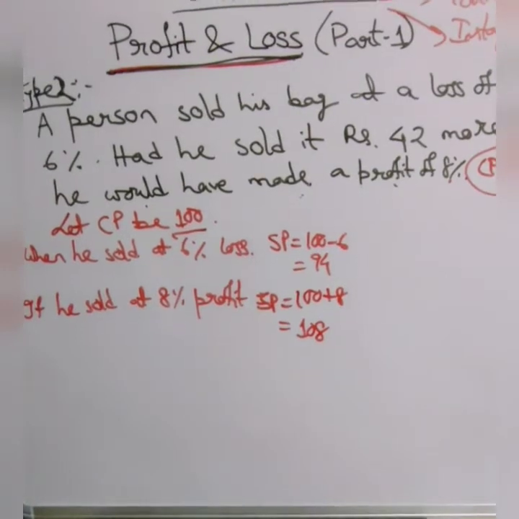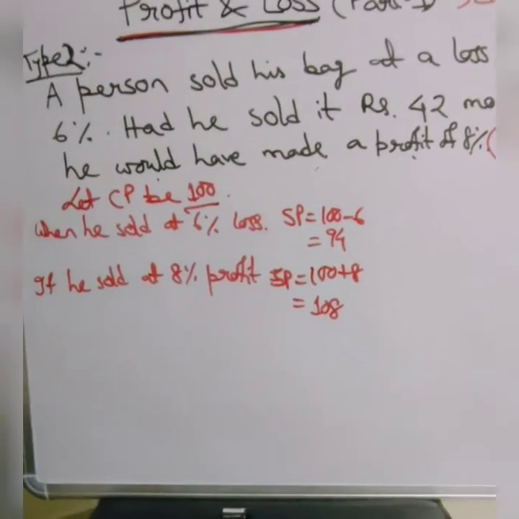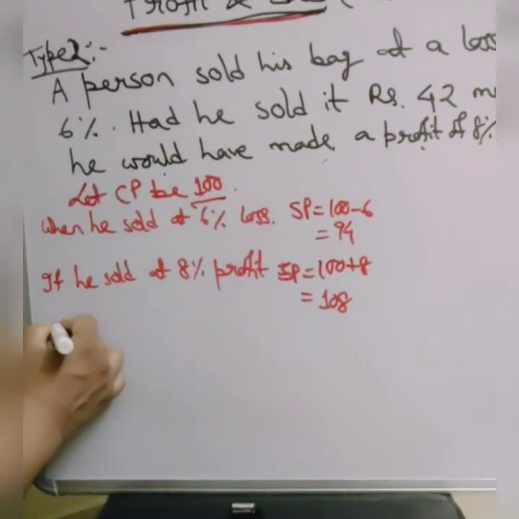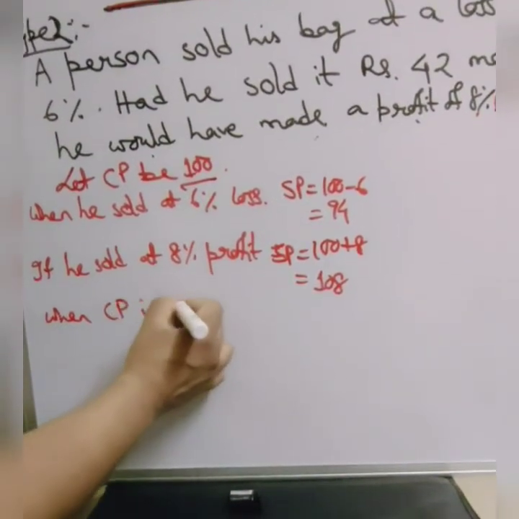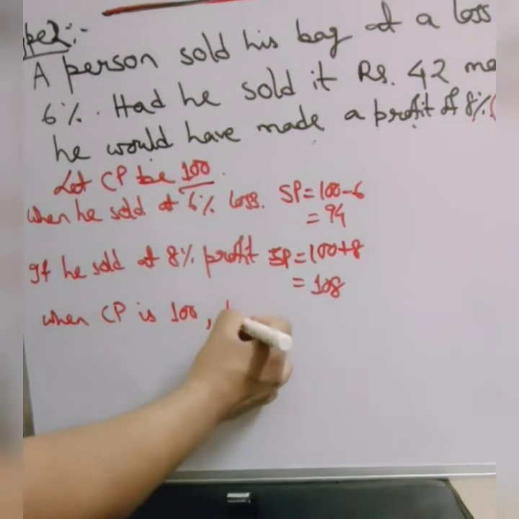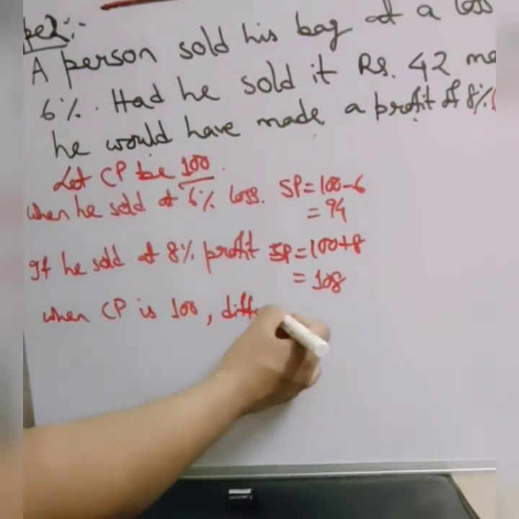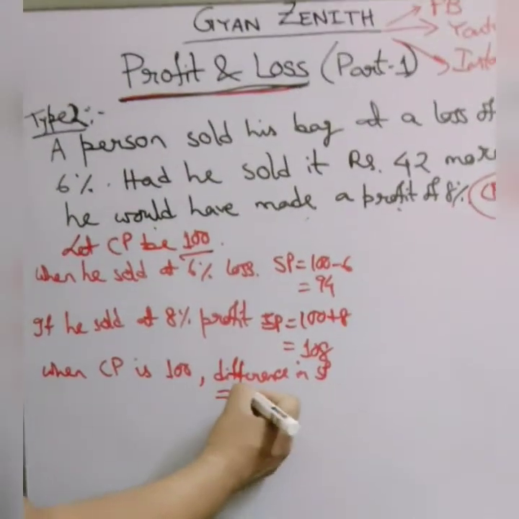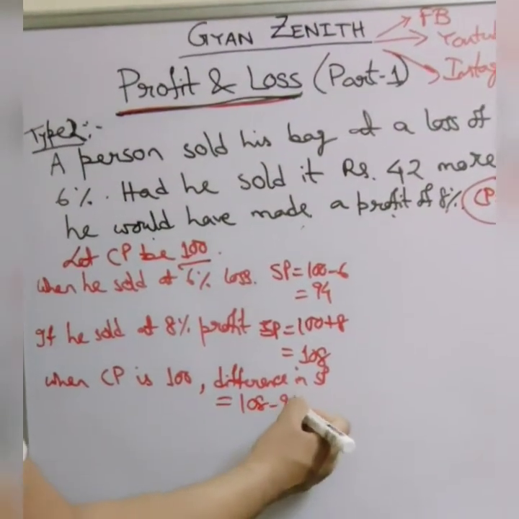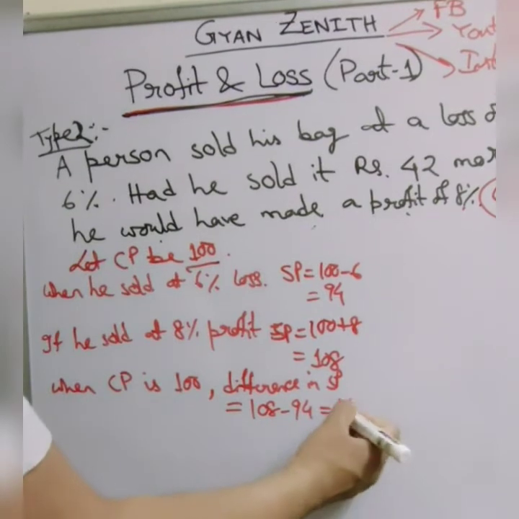Okay. Now when CP is 100, the difference in selling price is 108 minus 94, so it is 14 rupees.